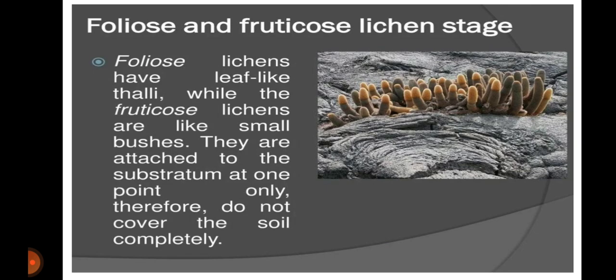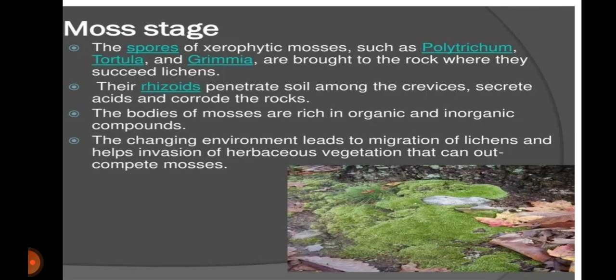So the next stage is the moss stage. The development of a thin soil layer on the rock surface favors the growth of some xerophytic mosses such as Polytrichum, Tortula and Grimmia.